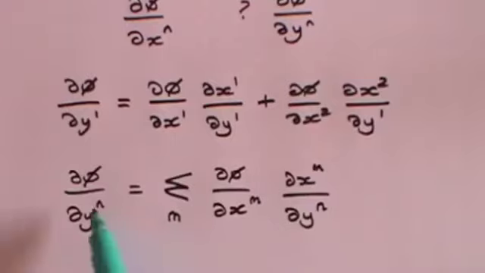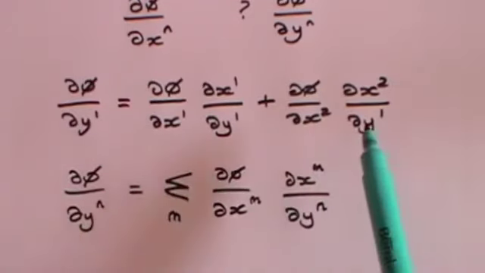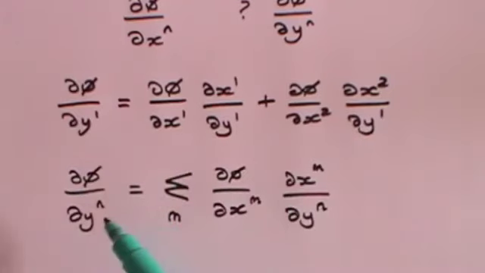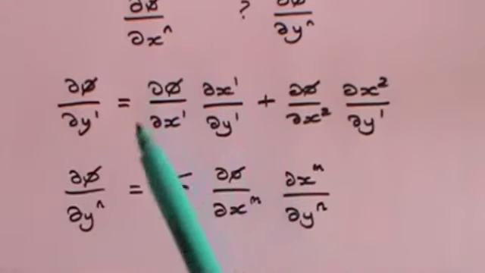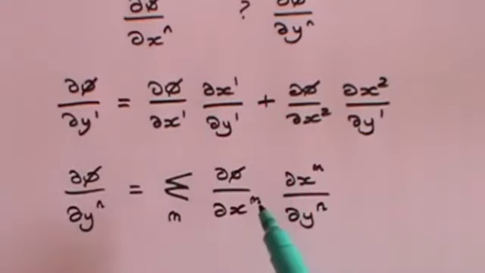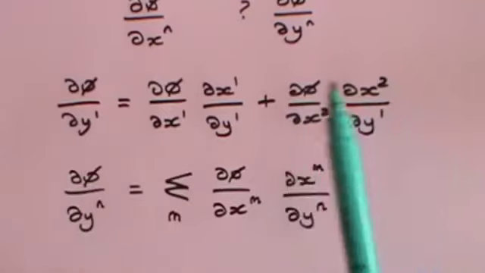Now let's just look at this and compare it to this. What I've done is I've put the general value of n in for y. Here I just had y1, but it could have been y2. You have to pick which one you want. It's either 1 or it's 2. But m is a summation term. You sum over m. When m is 1, you get that term. When m is 2, you get that term.